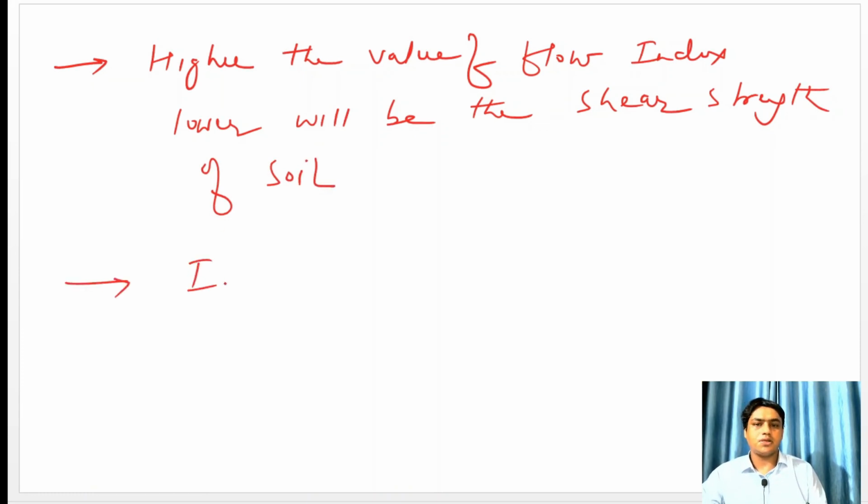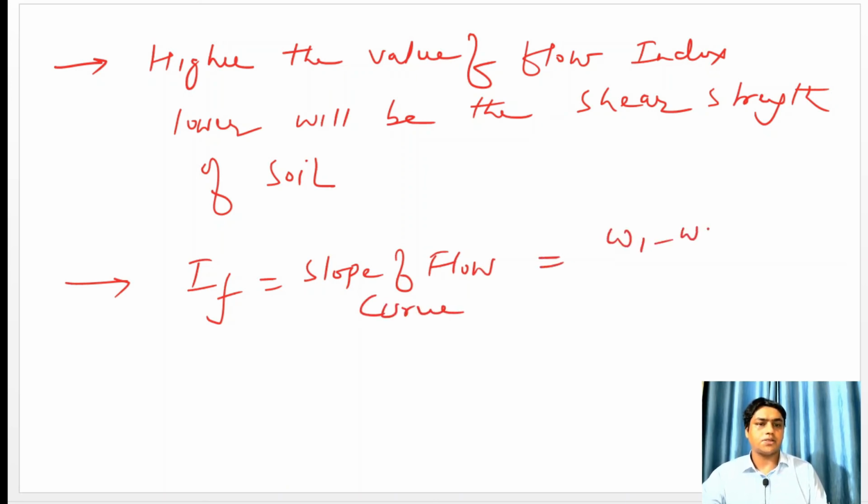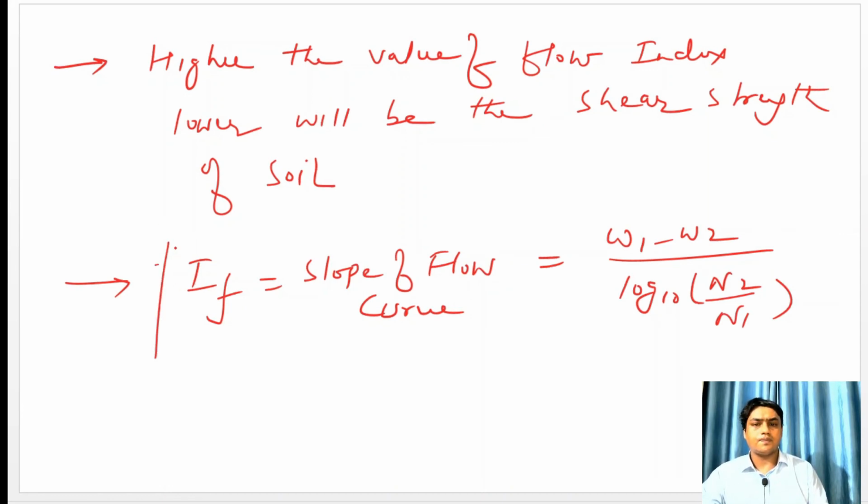And we have seen the expression of slope. IF is the slope of flow curve, and we can write W1 minus W2 divided by log 10 N2 by N1. So this is our flow index.